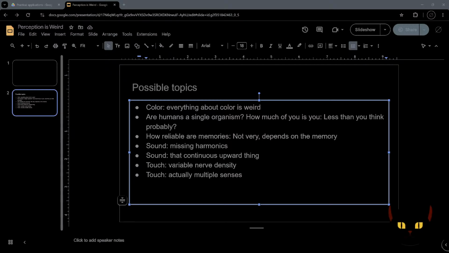Kind of the same thing as spiciness on the tongue. So spiciness is not a proper taste. Spiciness is capsaicin binding to a receptor for other things.